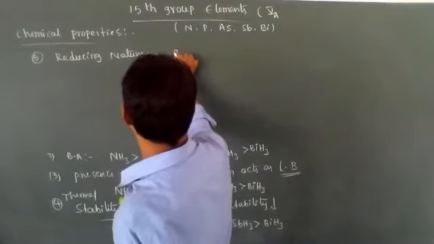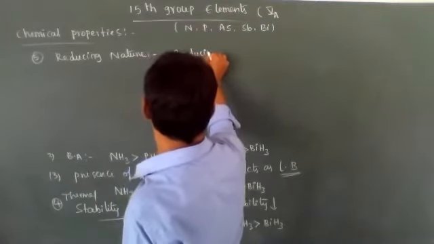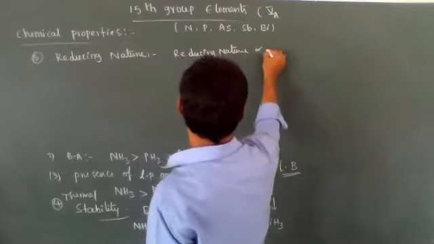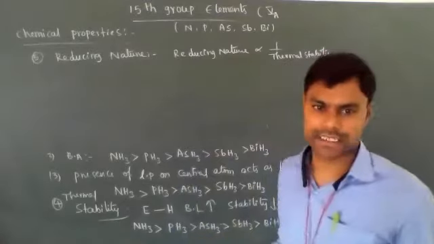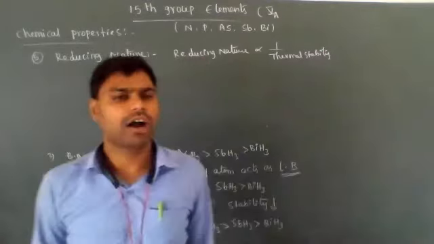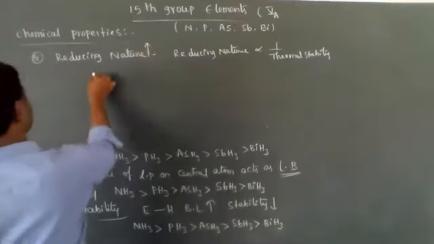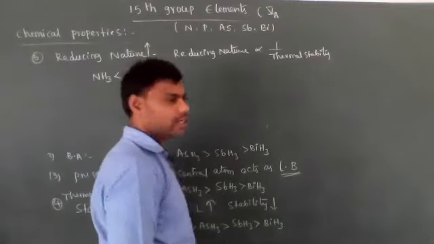The reducing nature is inversely proportional to thermal stability. So thermal stability decreases from top to bottom. Now what happens? The reducing nature increases down the group. So bismuth hydride acts as a strong reducing agent.